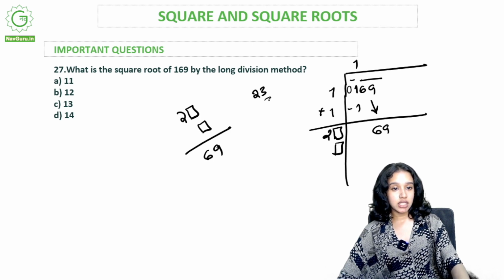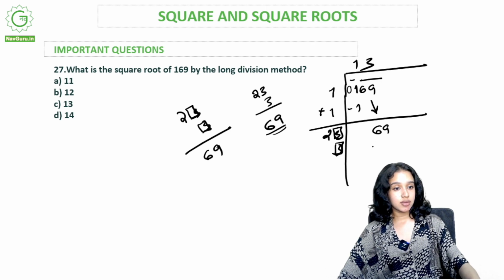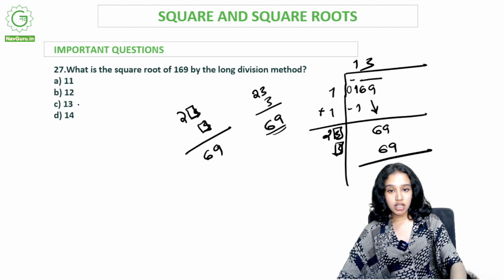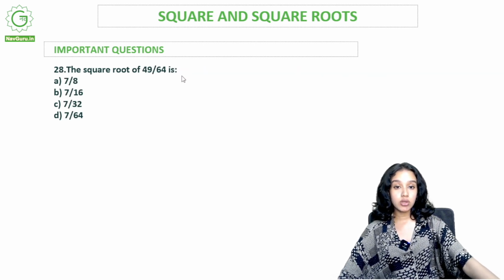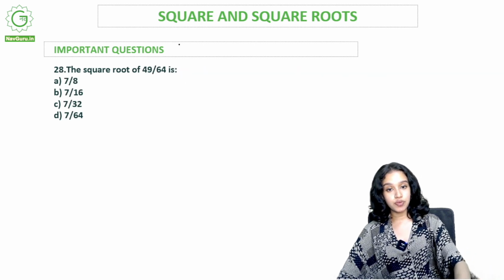What is 23 into 3? 3 3s are 9, 6. So the number here is 3. So 3 3s are 69, 0. Answer is 13. Now, the square root of 49 by 64.